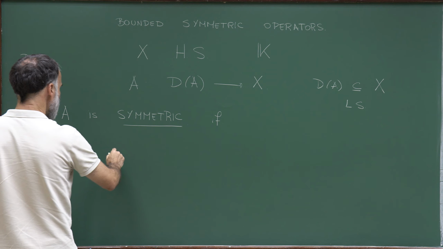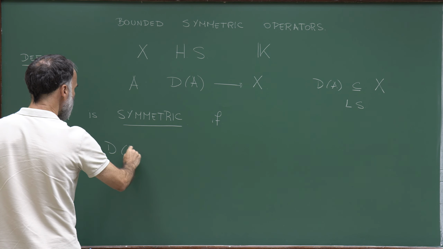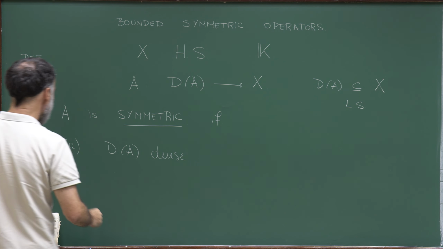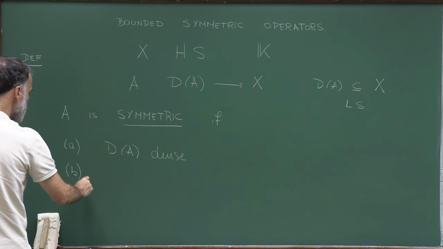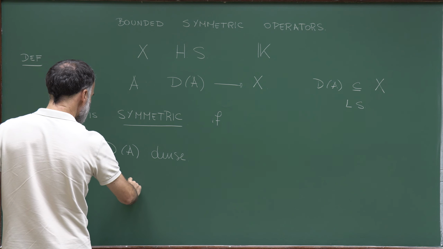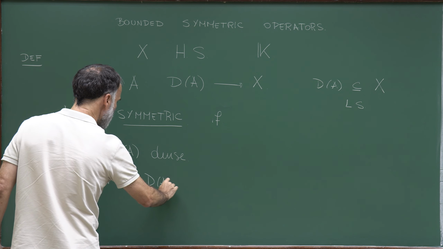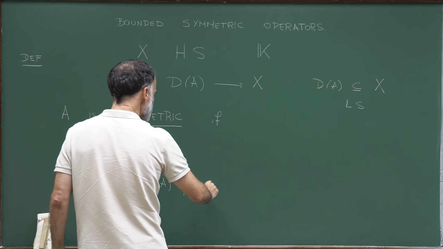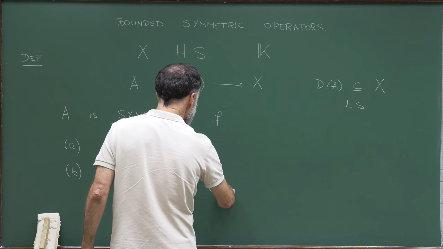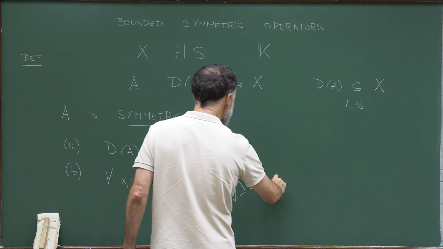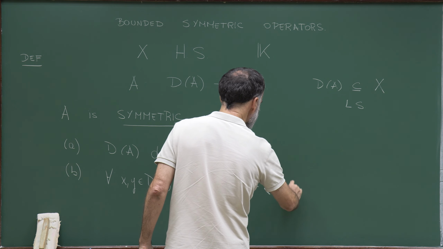The first one is that this set dA is dense. And the second one, B, is that for all x and y elements of dA, we have that the scalar product of Ax with y is equal to the scalar product of x with Ay.